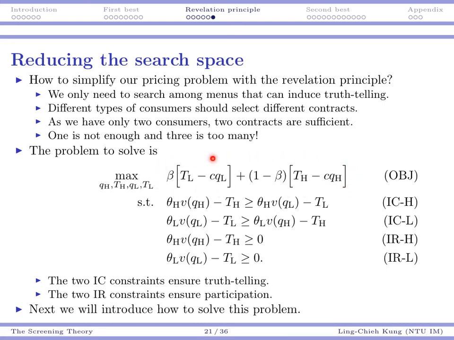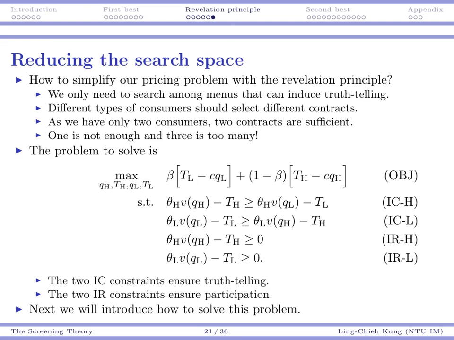And the best thing is that I can impose these constraints to limit my search space. Okay? I am solving this problem to find the best incentive compatible menu. And that's going to be the best menu in the world. Okay? So this is really the seller's problem to solve.